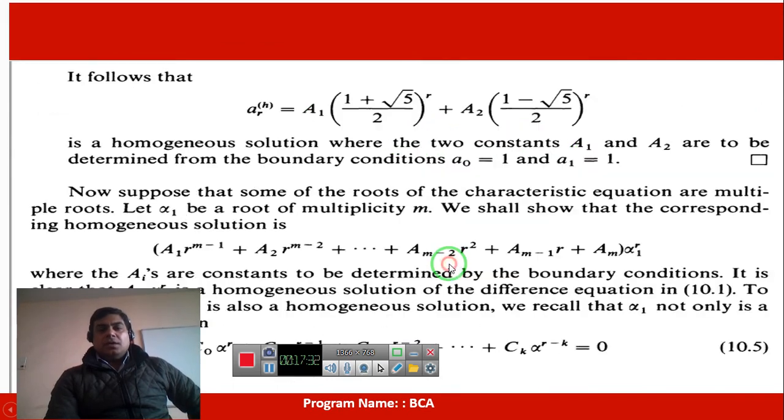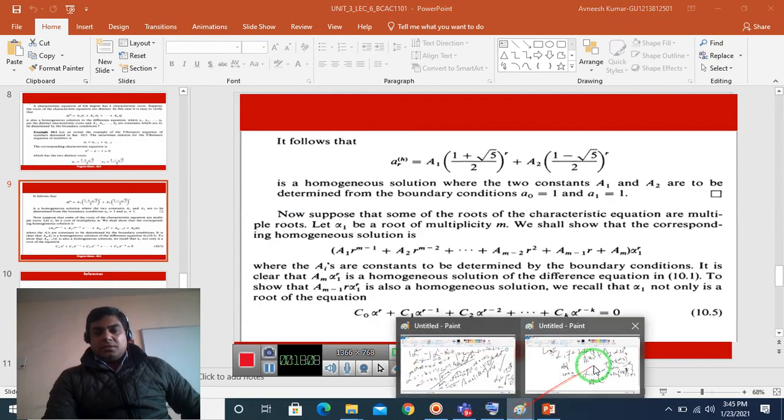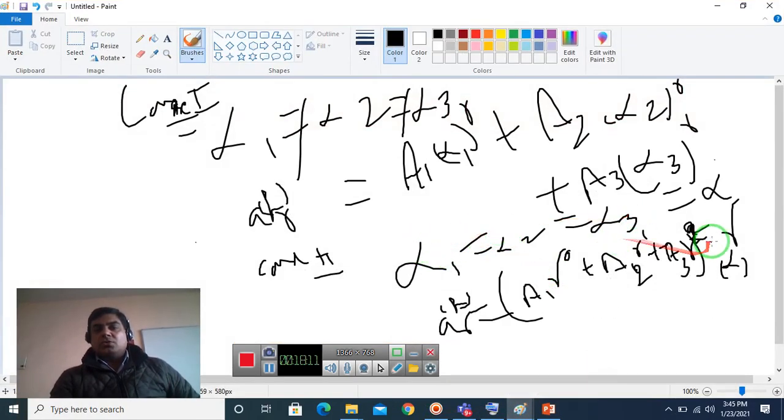If all the roots are repeated, meaning all the roots have equal value, you should write in this way: root to the power r, and constant r to the power 0, constant r to the power 1, constant r to the power 2, up to constant r to the power m minus 1, because the multiplicity of the repeated root was m, so the highest power should be m minus 1. So if we have three equal roots, the highest power is 2.